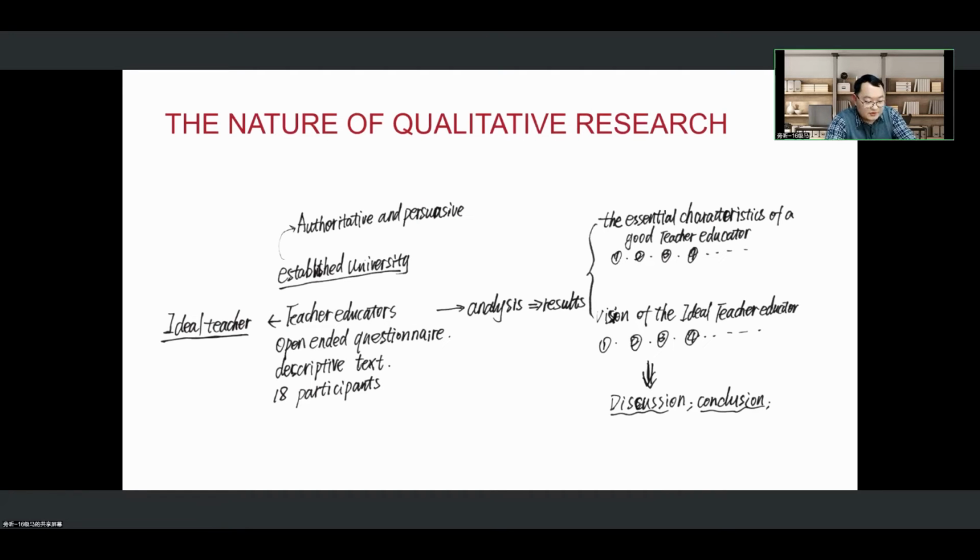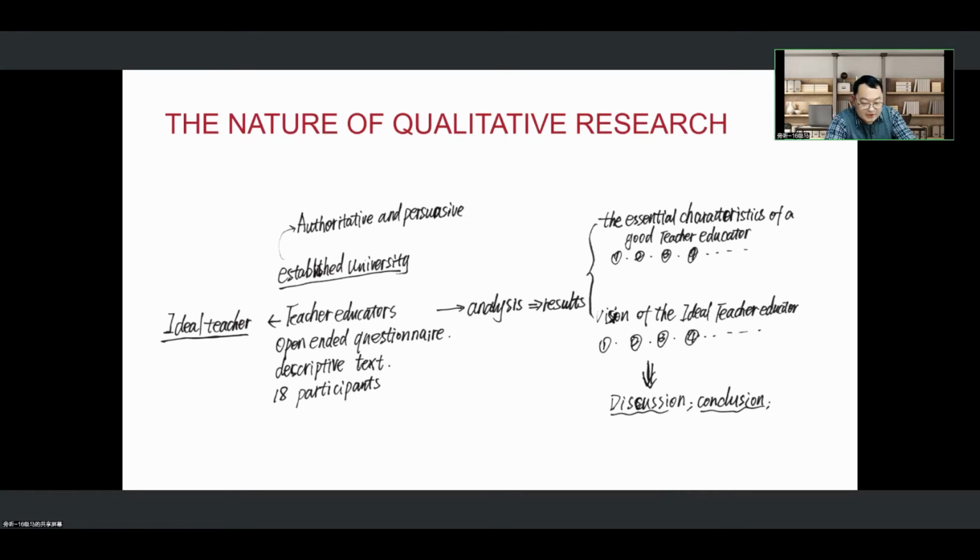This is the author's research idea. He chose 18 teachers and educators to discuss what is the ideal teacher. The 18 participants were not randomly selected.